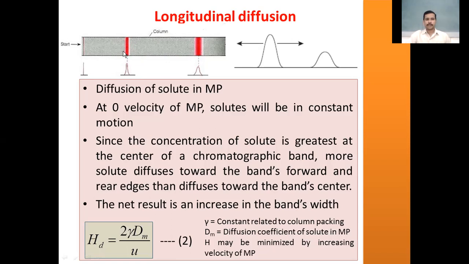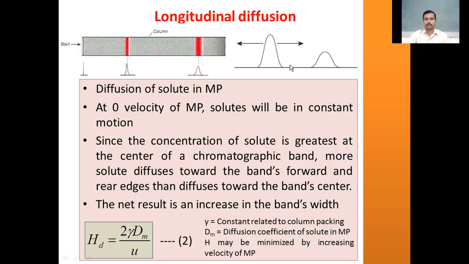This leads to an increase in the width of this band. So here the solutes were concentrated at the center. As they moved down the column, they started to migrate towards the front and rear edges of this particular band. As a result, the bandwidth has increased.